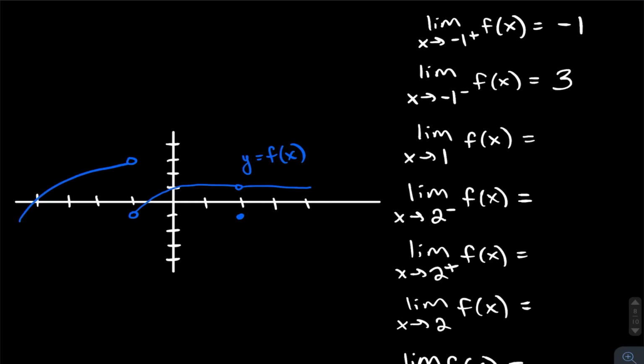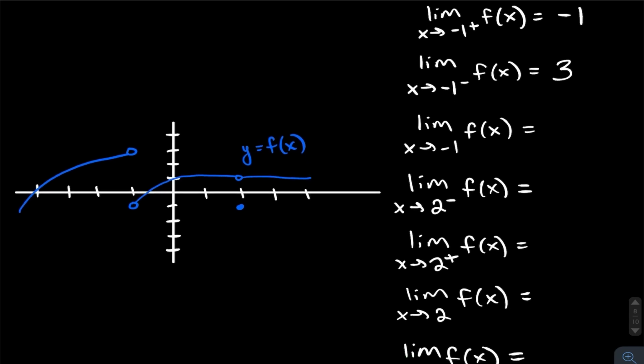That was supposed to be -1, sorry. So as x approaches -1, what happens? These things don't agree. The left side doesn't agree with the right side, and so that means that the limit does not exist.